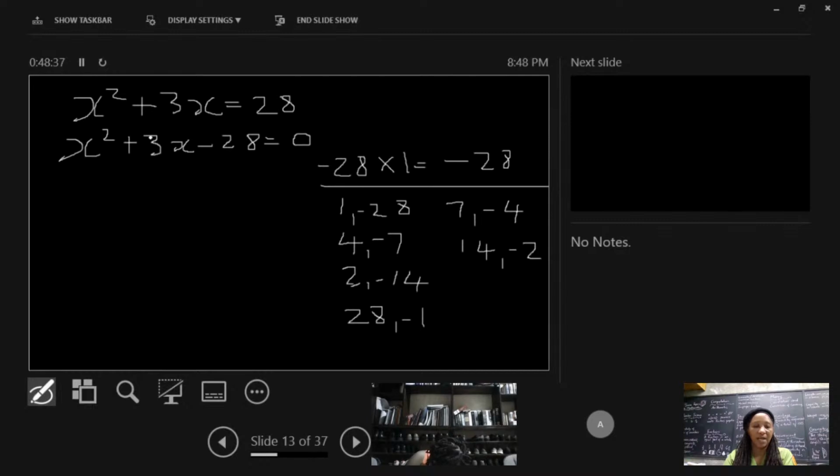Okay, so which two add to give the middle term, which is 3? 7 and negative 4.